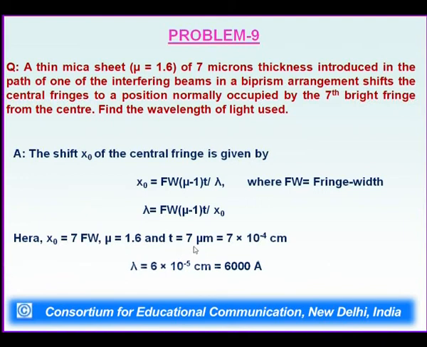Thickness is given as 7 micrometer, so 7 into 10 power minus 4 centimeter, and this is the fringe width, x naught is 7 fringe widths. Then we calculate lambda, the value of lambda is 6000 angstrom. Means by using the mica sheet and this formula, we can calculate the wavelength, the thickness, the refractive index, and the fringe width also.